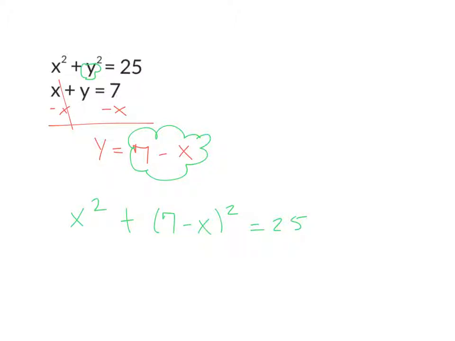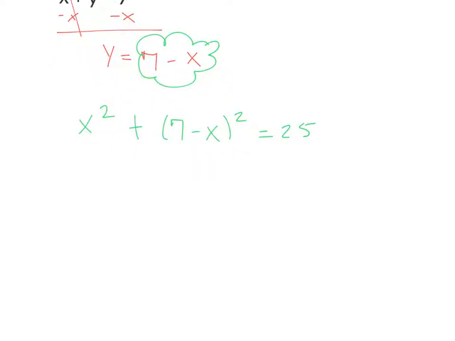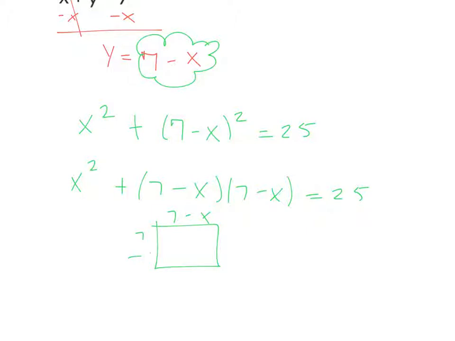Okay, so I'm going to go ahead and multiply it out. I'm going to use the box method here. You could also FOIL, which is what I prefer, but box is fine. I'm going to get 49 here, minus 7x here, a minus 7x there, and a positive x squared here. I'm going to bring down this x squared.